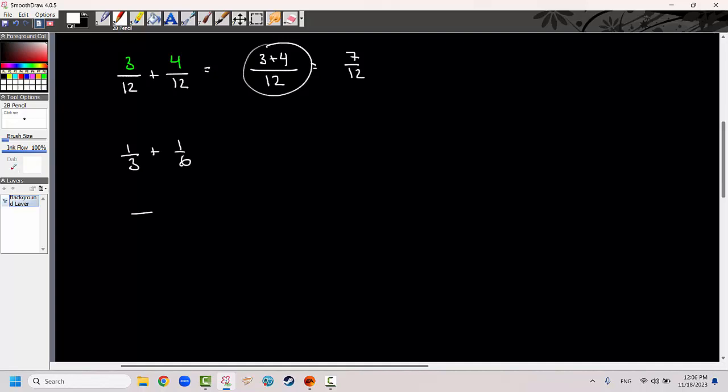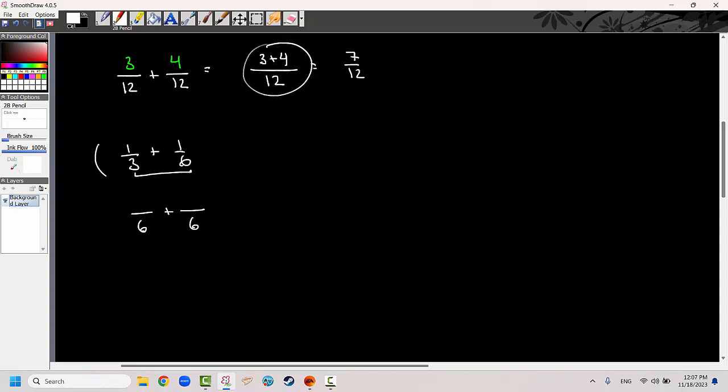Well, the common denominator could be 18, and there's nothing wrong with that. If you did exactly what we did in the last example, you'd do 3 times 6 to get 18, and there'd be nothing wrong with that. But if you look really closely between the 3 and the 6, the common denominator could actually be 6, and that's if I was looking at the LCD, which is what we call the least common denominator, right?